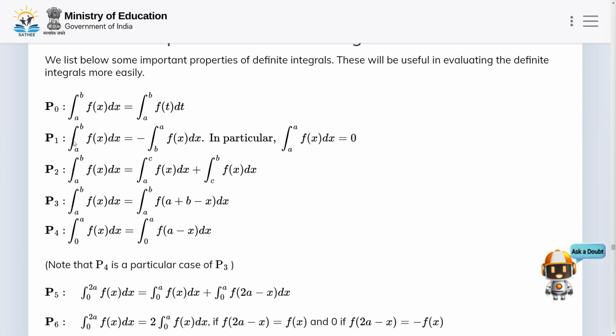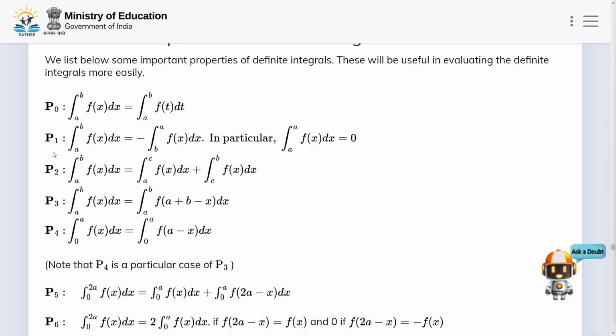Now the P1 property: the definite integral from a to b of f(x) dx can be rewritten as minus the integral from b to a. Here the definite integral is going from b to a. That's why when we interchange our limits, the lower limit becomes the upper limit and the upper limit becomes the lower limit, then there is an extra minus sign.